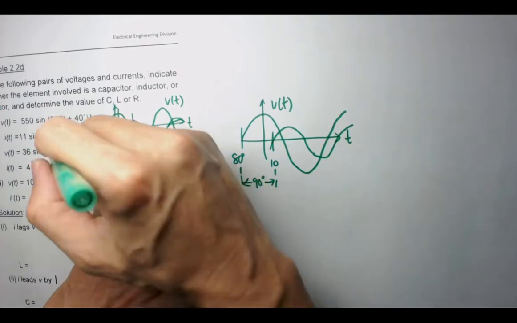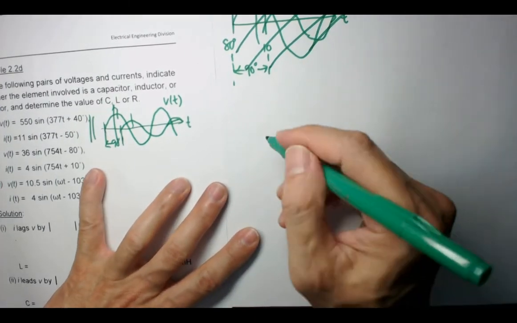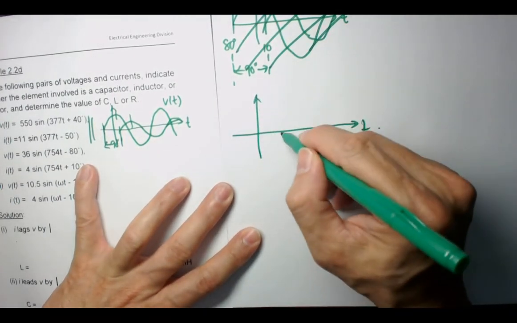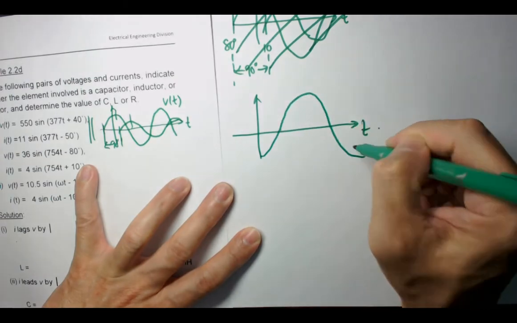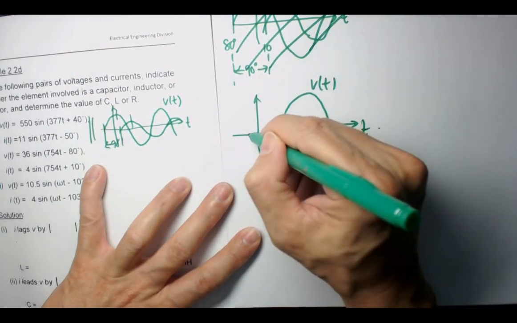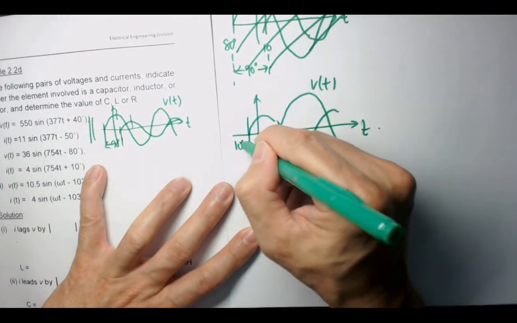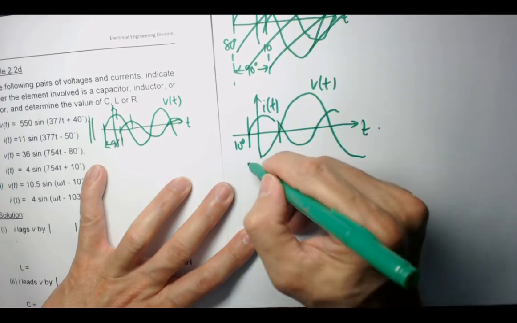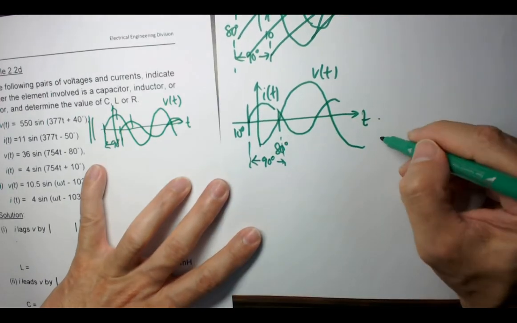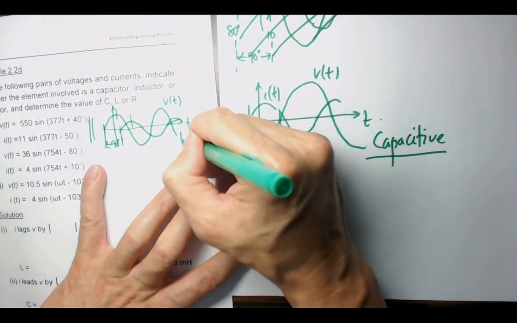I'm sorry, I've seen it wrongly. It is negative, so it should not be like that. Let me redraw this. It's the other way. The voltage is behind, like that. It's behind by 80 degrees, so this is the voltage, but the current is ahead here by 10 degrees. Right? So that's the current. So in this scenario, again, it is 90 degrees different. So we can say that this circuit is capacitive, whereas the first is inductive.